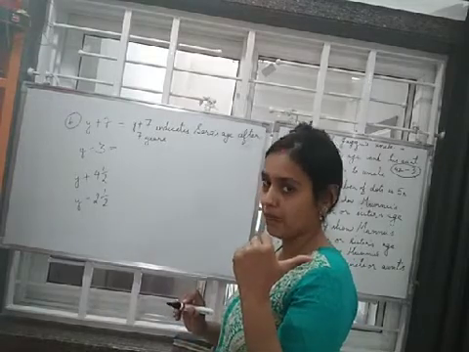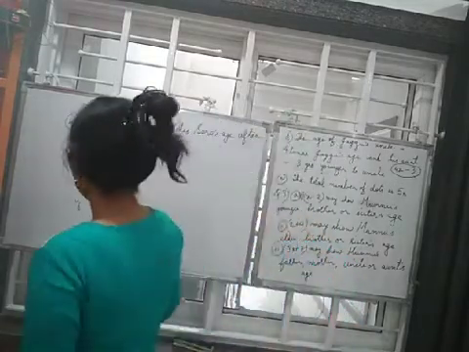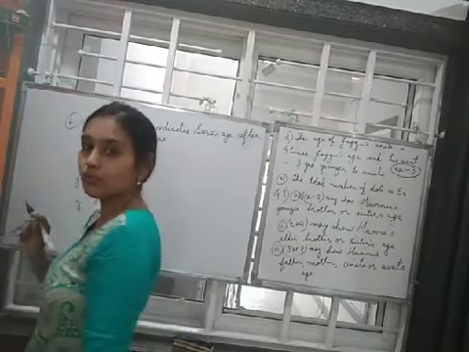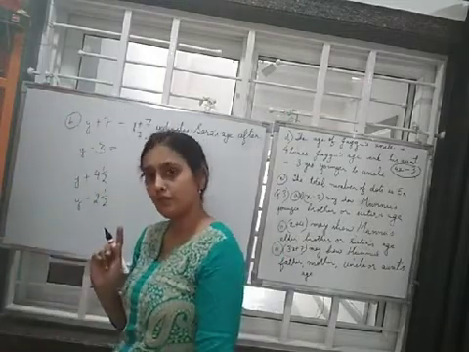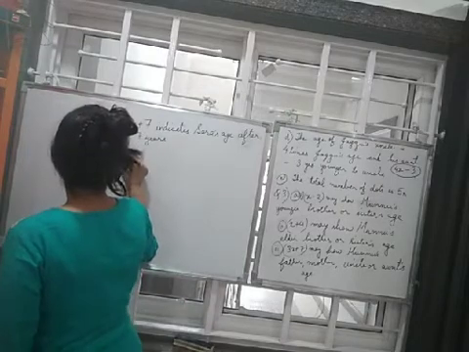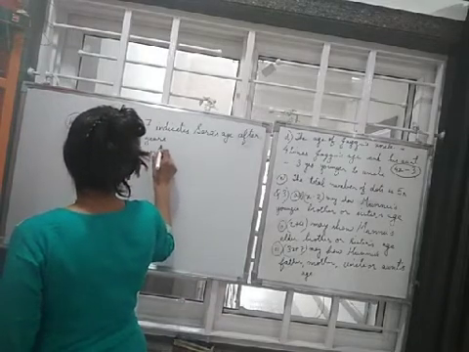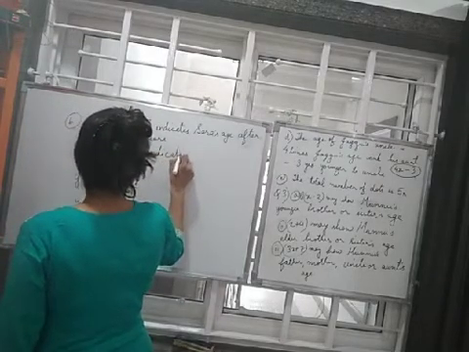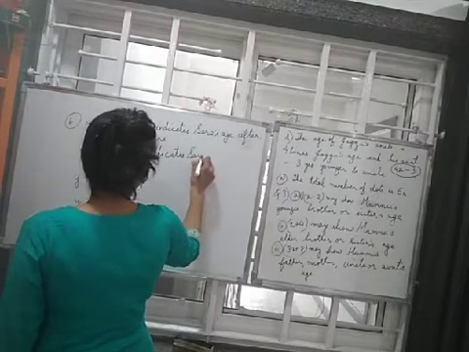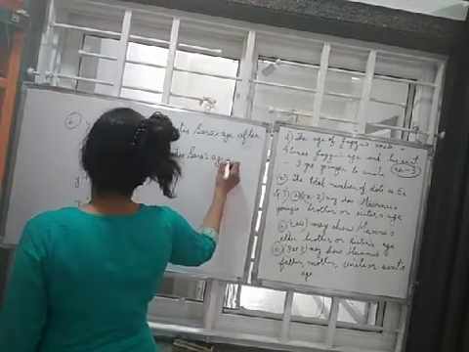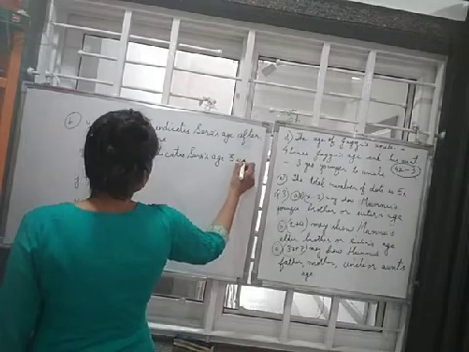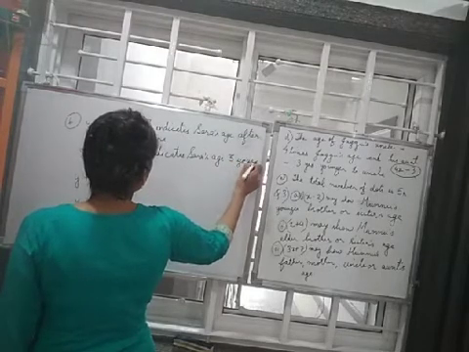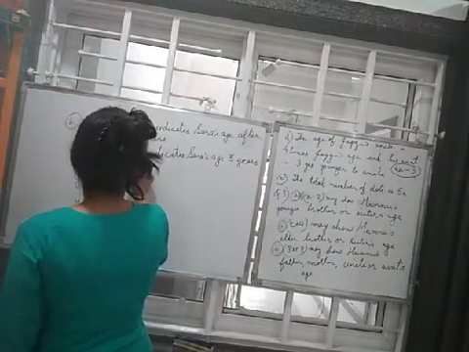That means back. Okay. 3 years before also we can write. If you don't want to write ago, children, you can write before also. Sarah's age 3 years ago.